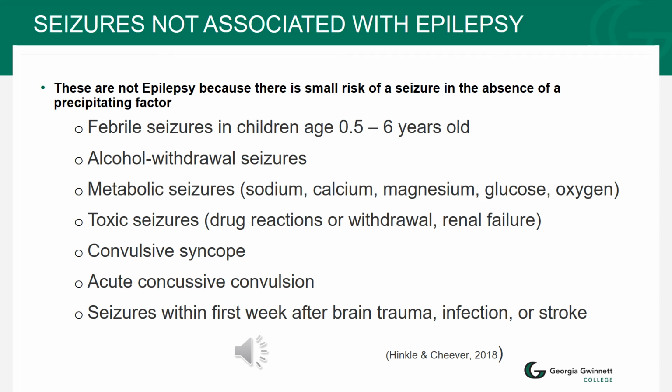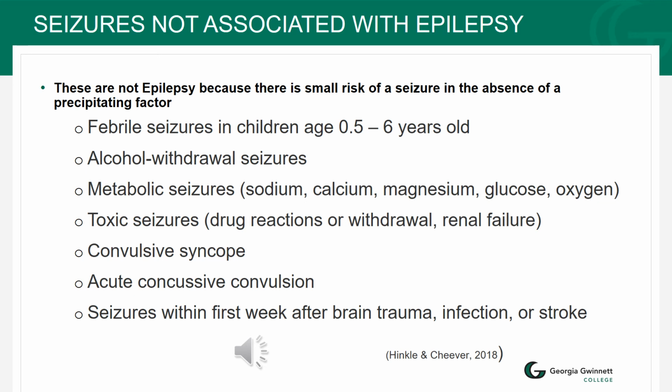Metabolic seizures, when there's imbalance in electrolytes, there can be seizures. A convulsive syncope. Syncope is when you lose consciousness because of your blood pressure, and that's due to hypoxia or perfusion issues, and people can have seizures due to that event taking place.